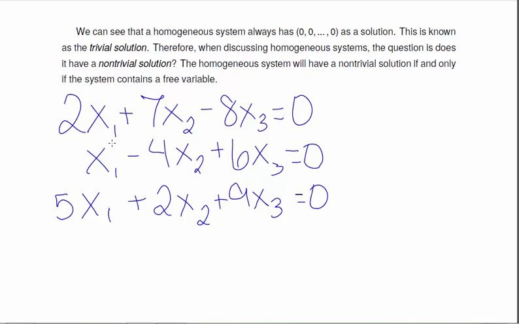So when we're dealing with these, our question is, do they have a non-trivial solution? Is there another possible solution? And if the answer is yes, then they will have infinitely many. It is impossible for a homogeneous system to be inconsistent. In addition, this means that it will have a non-trivial solution if and only if the system contains free variables.